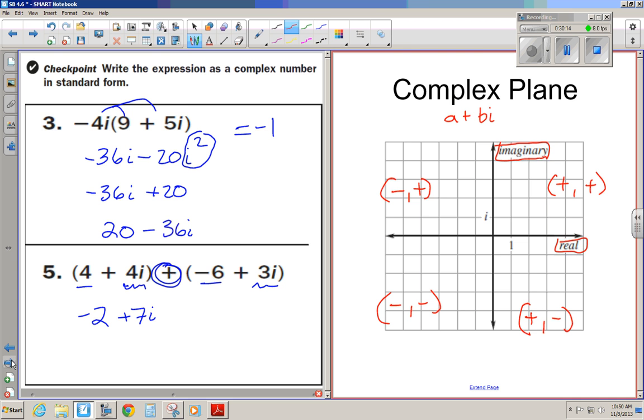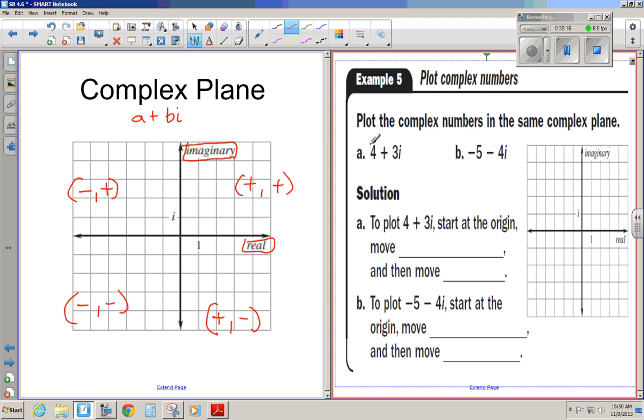When you're actually graphing these things, a positive real is 1, 2, 3, 4. A positive imaginary, 1, 2. There you go. The plot starts at the origin, move 4 right, and then move 3 up.